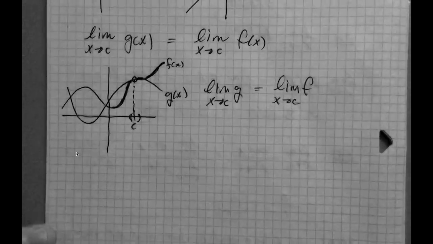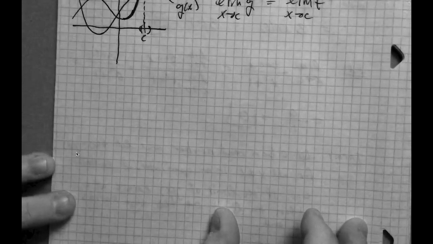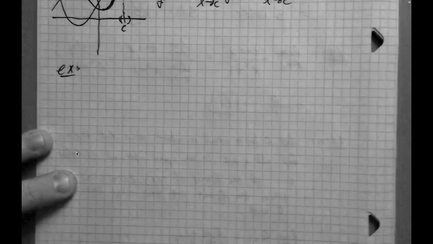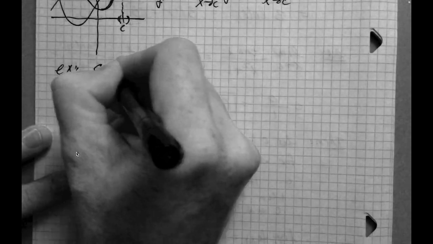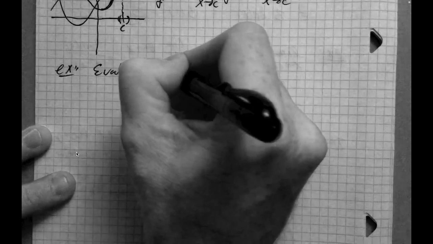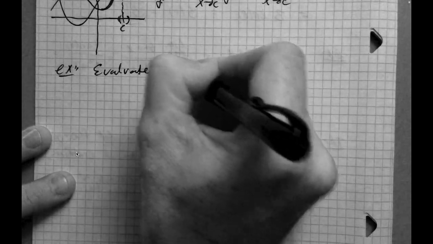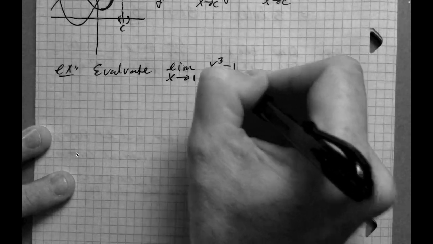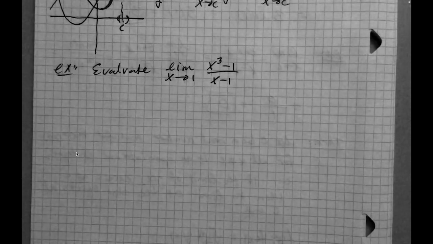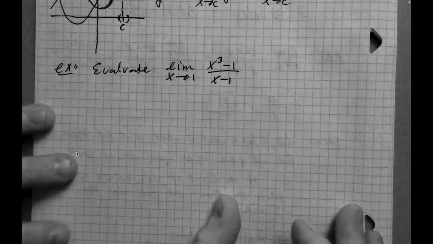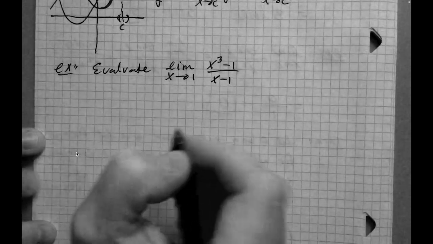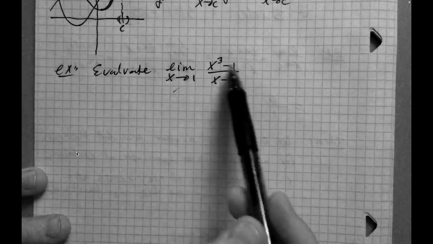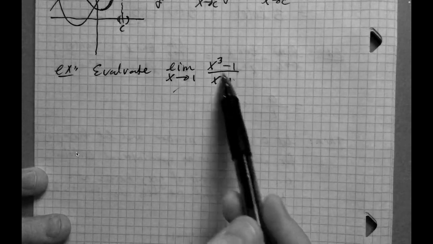Let's take a look at an example. Let's evaluate the limit as x approaches 1 of x cubed minus 1 over x minus 1. Let's tear this apart a little bit. Notice the problem is that we can't just straight evaluate this, because this is a polynomial.